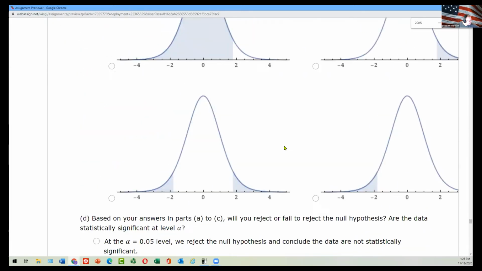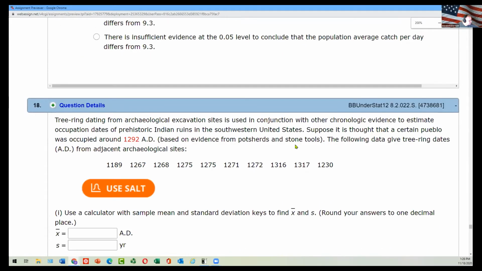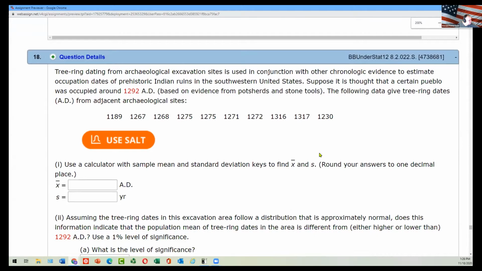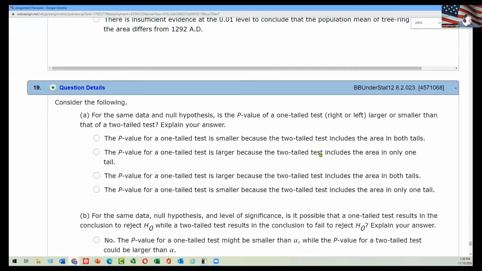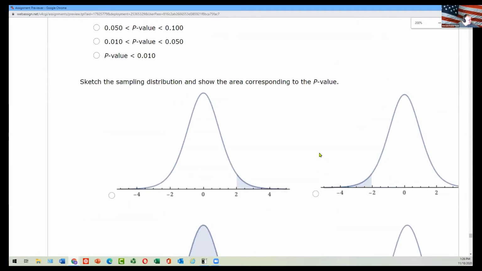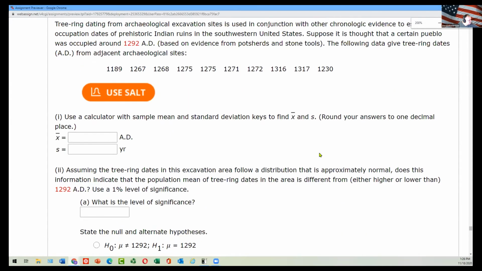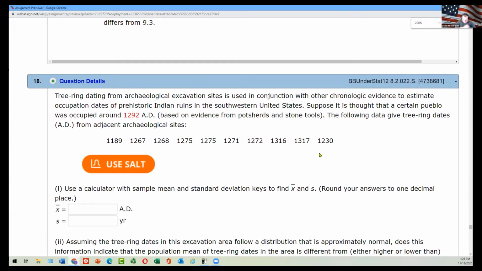Don't want the salmon one. I think this is the second last one or the last one. It's the second last one. Let's do this one then. They're using tree ring data to try and find out how old an adobe settlement in North America was.